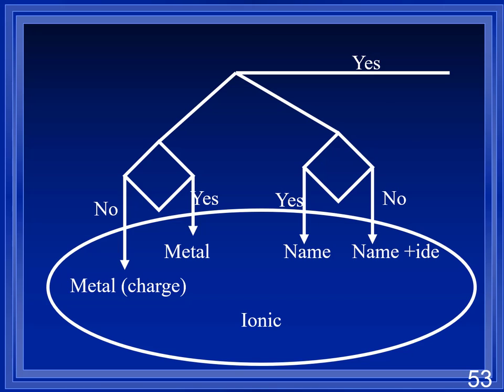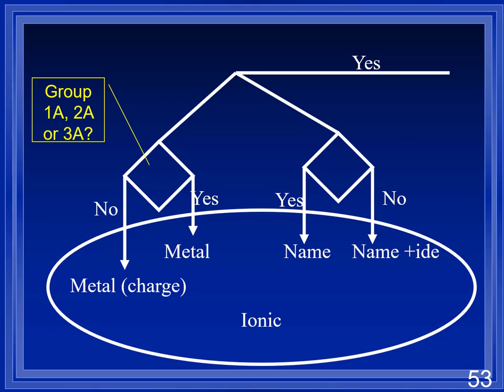So I'm starting off with the formula I want to name. So if I find out it's ionic, the first thing I should ask myself is, is that first element in group 1A, 2A, or 3A? Not which one it's in, it's a yes-no question. If the answer is yes, or it is in that 1A, 2A, or 3A, versus no, it is not in 1A, 2A, or 3A. If the answer is yes, all you have to do is write the name of the metal.